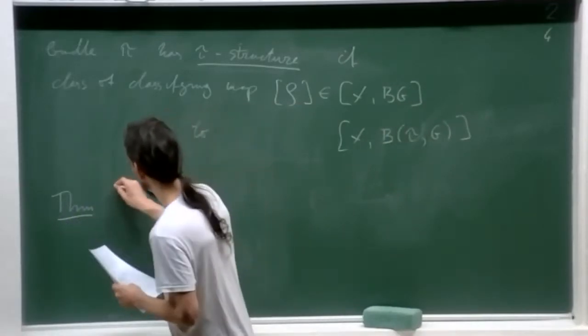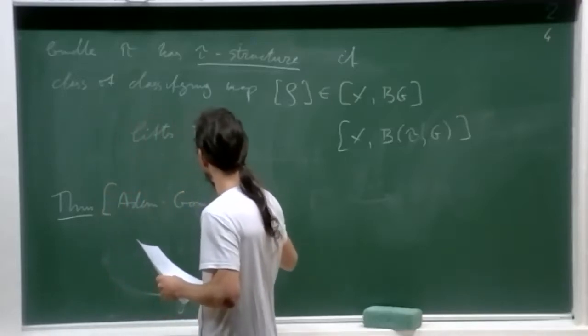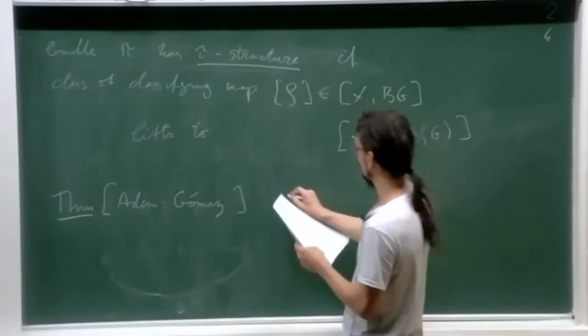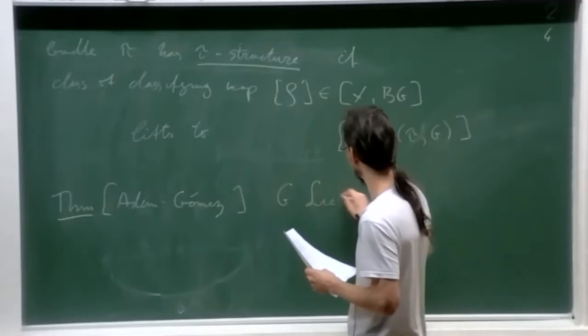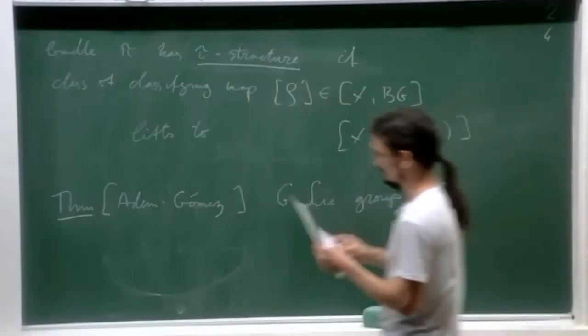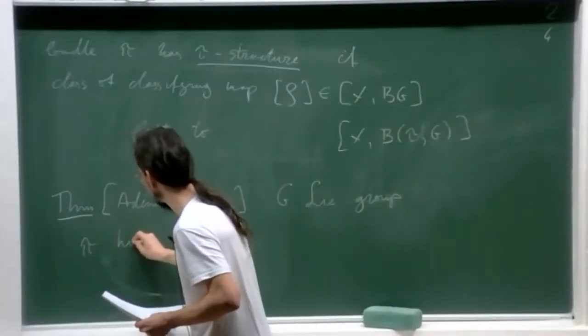So this is Adam Gomez. That if G is a Lie group, then in our notation, phi has a tau atlas.